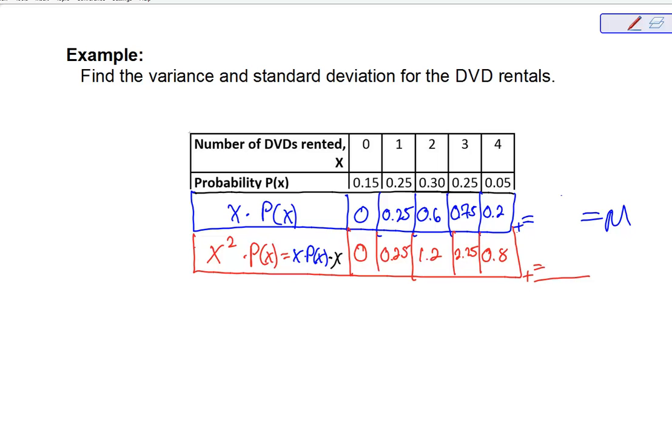Now if I add these up, my mean, like we found previously, was 1.8. Now if I take that last row and add it up, I will get 4.5.